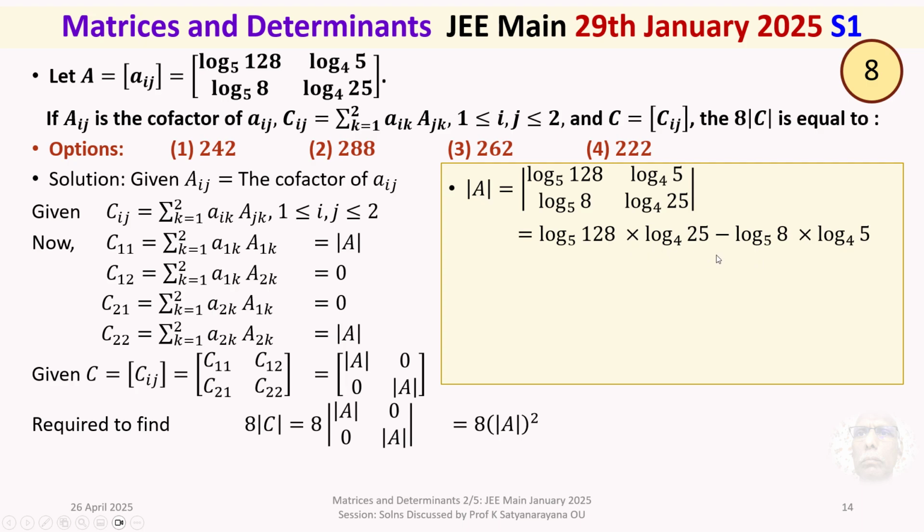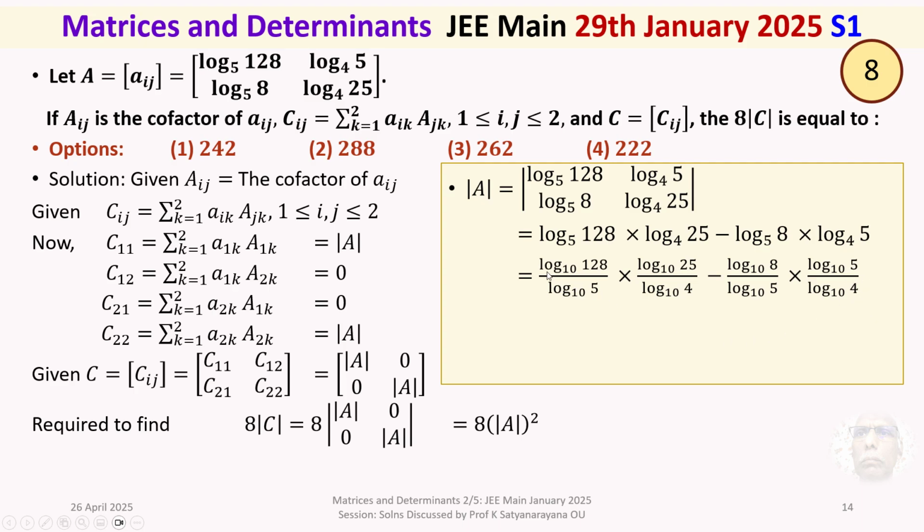To simplify this one, we use the change of base formula. Log 128 to the base 5 is written as log 128 to the base 10 by log 5 to the base 10, multiplied by log 25 to the base 10 by log 4 to the base 10, minus log 8 to the base 10 by log 5 to the base 10, multiplied by log 5 to the base 10 by log 4 to the base 10.